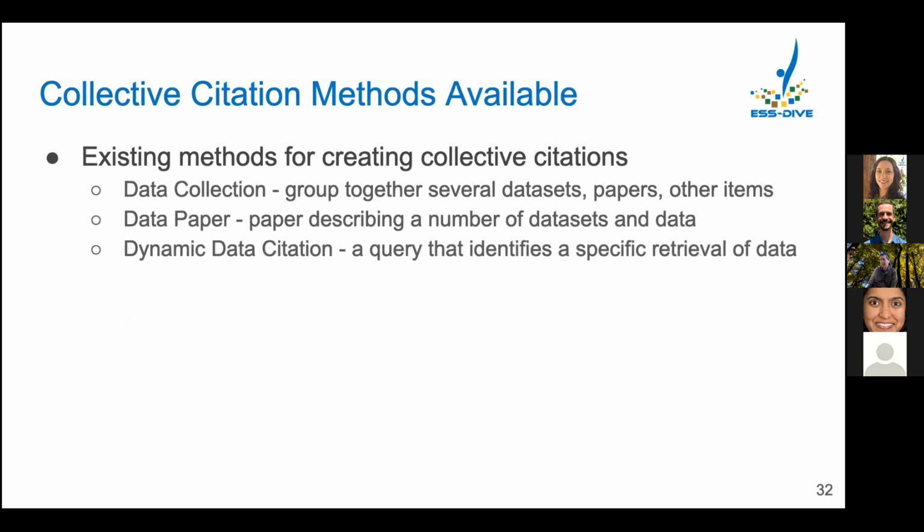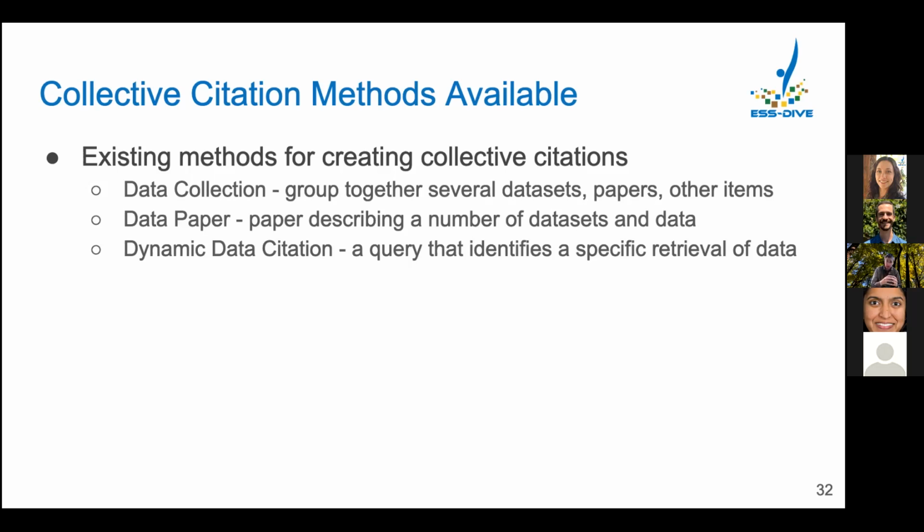There's another thing called dynamic data citations. This can be done by a repository. It's within a repository today, where the whole idea is that in your search to find the data, you generated a query.